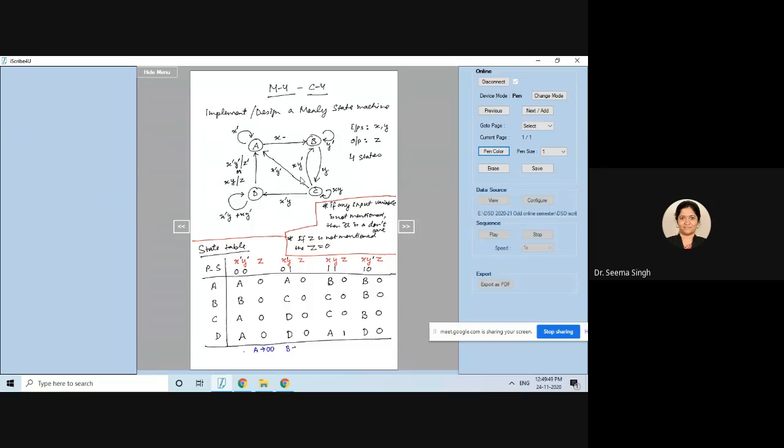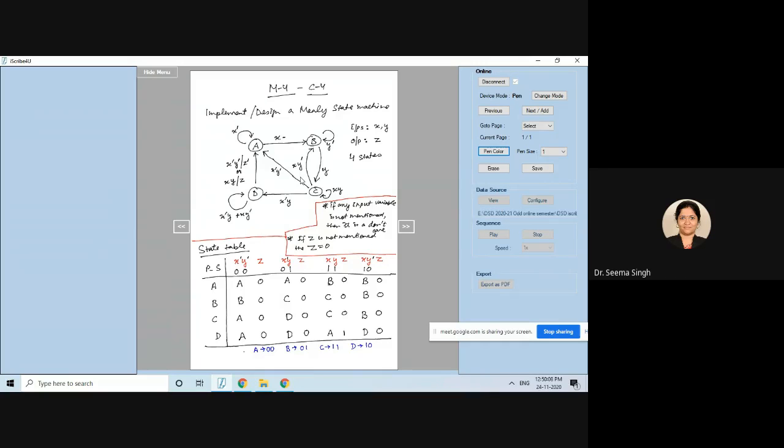State B, I will take it as 0 and 1. It is my choice, I can take whatever. Now I am taking state C as 1 and 1. I could have taken 1 and 0 also, no problem, but simply I am taking it like this. D is 1 and 0.